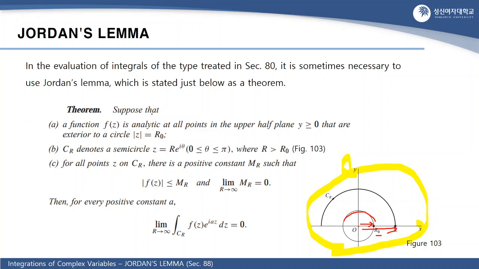The theorem says, suppose that three conditions hold. The first is that a function f of z is analytic at all points in the upper half plane, which can be described by y is greater than or equal to 0, that are exterior to a circle given by absolute value of z equals capital R naught.